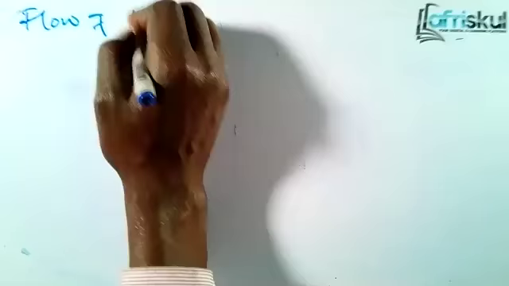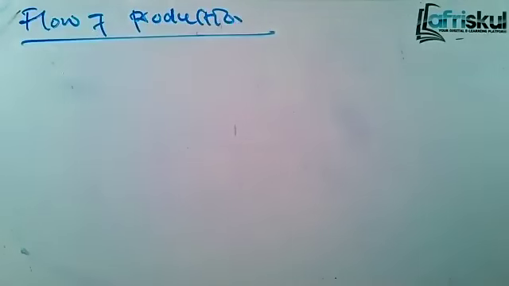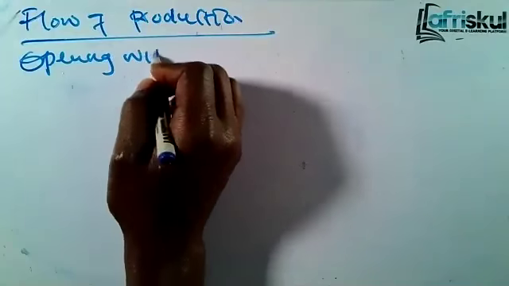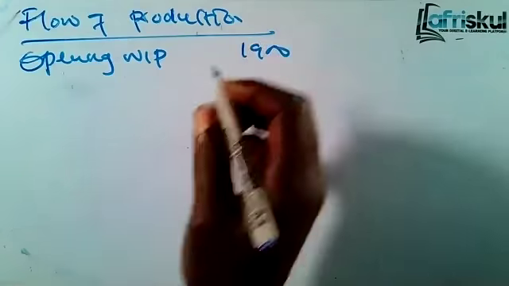As we said, the first step when you're doing a process costing question where there is work in progress, we come up with the flow of production. That is the first step. So you take opening WIP. In our question, opening WIP units is 1,900 units.